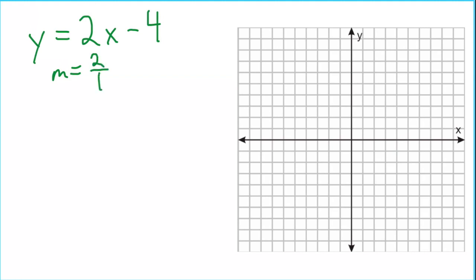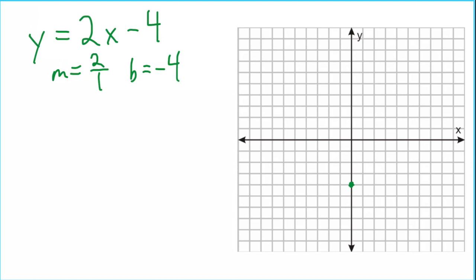And then our b value is negative 4. Step 1 is to use our b value to place a point on the y-axis. Negative 4 means we go down 4 spaces on the y-axis. That point is our y-intercept, our starting point for graphing this line.